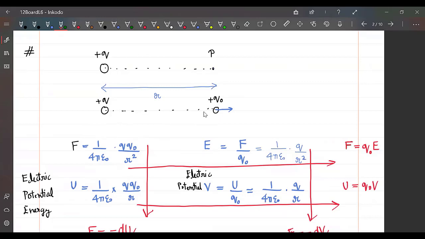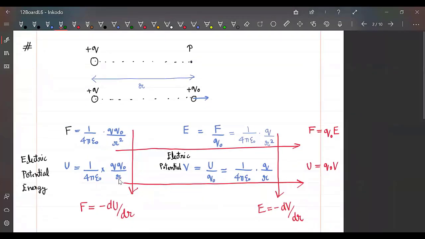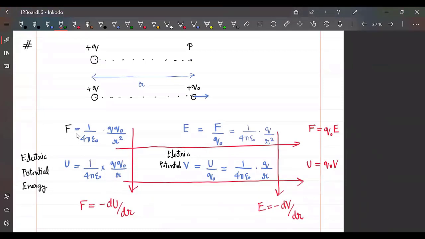And potential energy between two charged particles separated by a distance r will be 1 by 4 pi epsilon naught q q naught by r. So we can relate force and potential energy by this relation from Newtonian mechanics: F is equal to minus dU by dr.